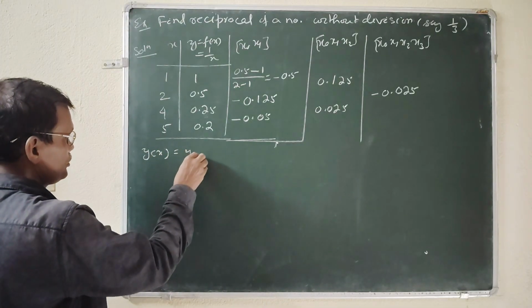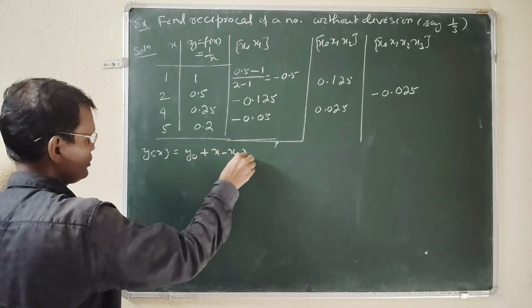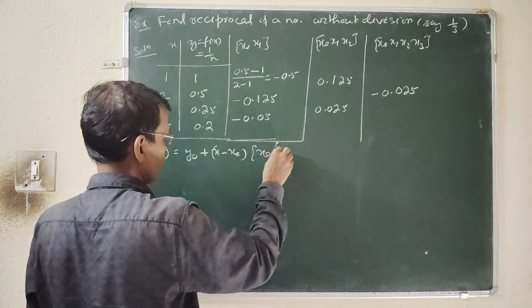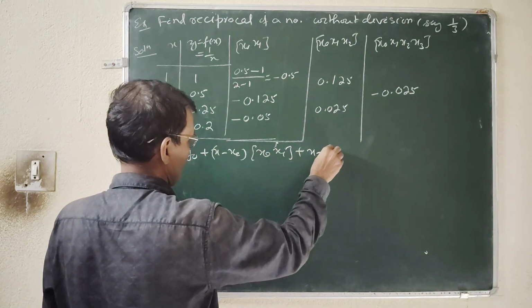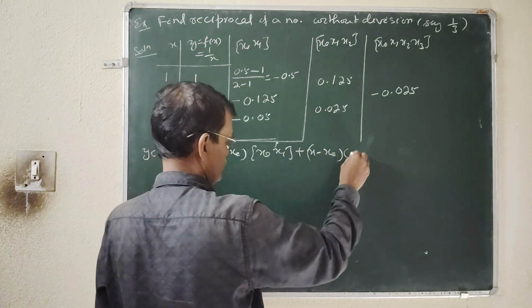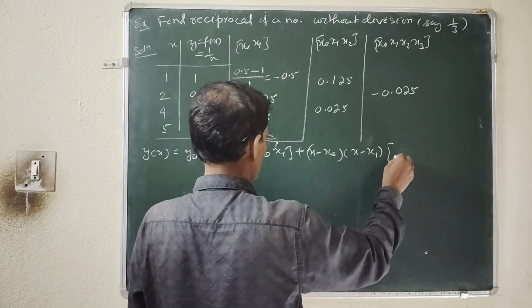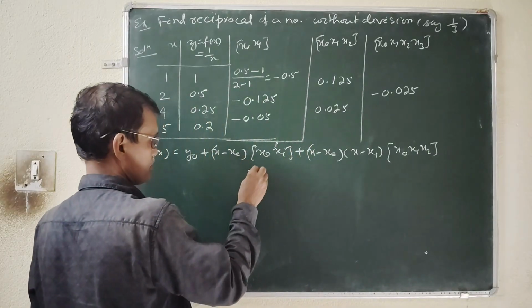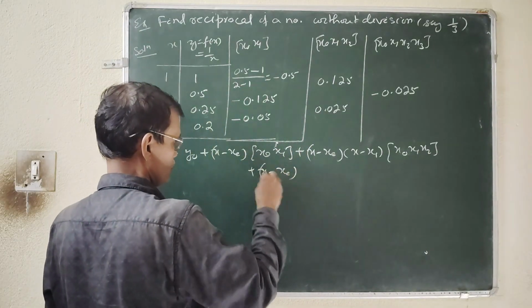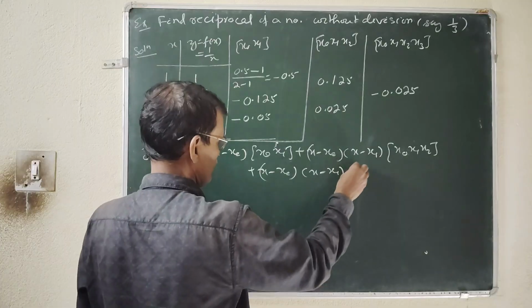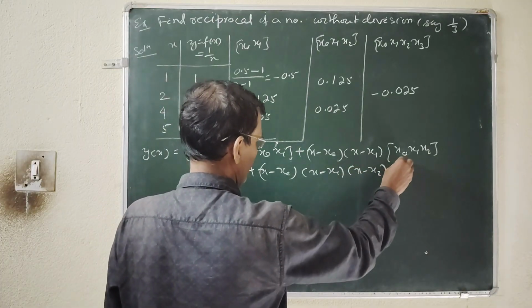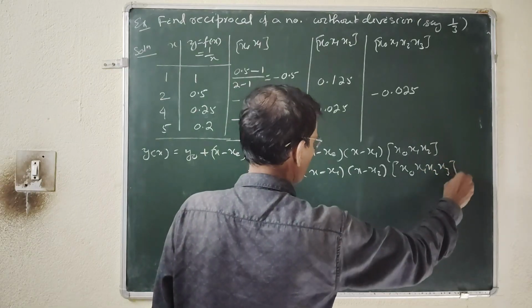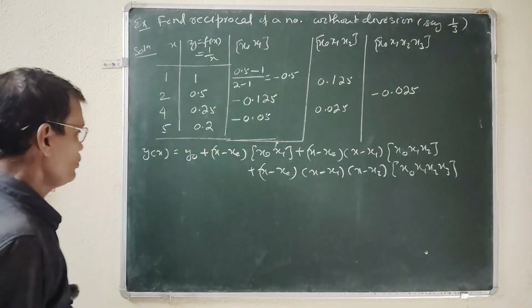That is y0 plus (x minus x0) into the first order divided difference x0 x1, plus (x minus x0) into (x minus x1) into the second order divided difference x0 x1 x2, plus (x minus x0) into (x minus x1) into (x minus x2) into the third order divided difference x0 x1 x2 x3, and here we stop because this is our last column. Now you put the values.